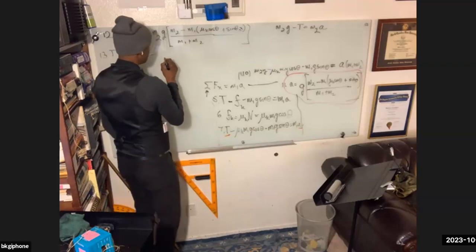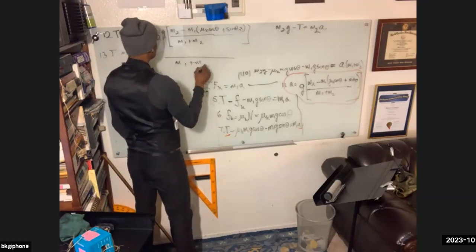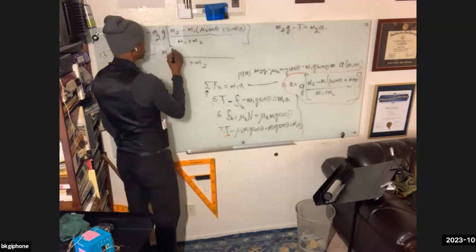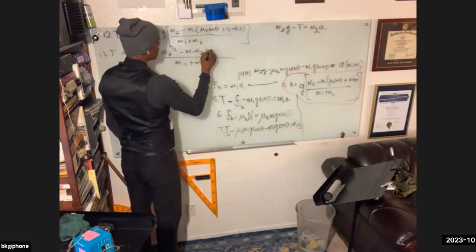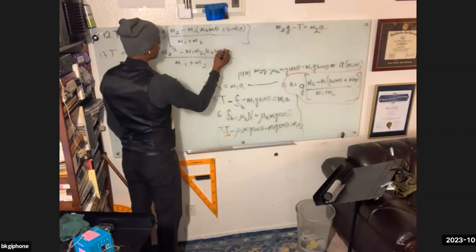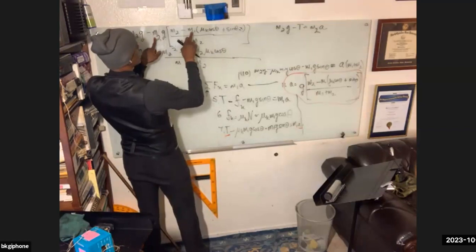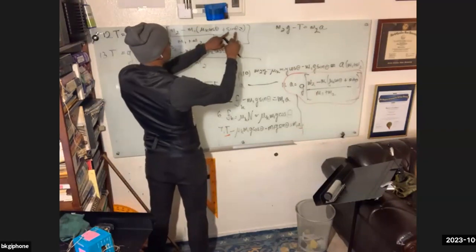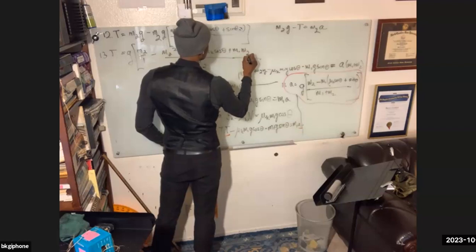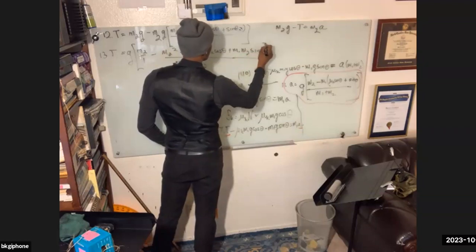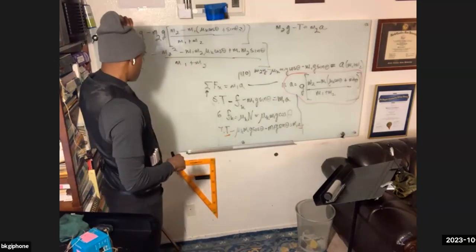So I'll multiply all the terms out: M1 plus M2, so M2 squared, and then minus M1 M2 mu K cos theta, and then M2 M1 times sine theta, so plus M1 M2 sine theta. I think we're good.